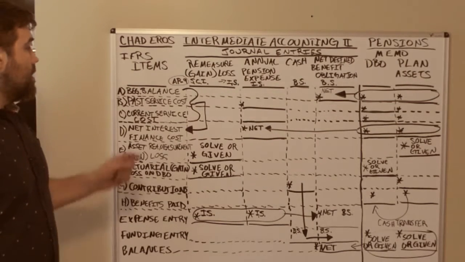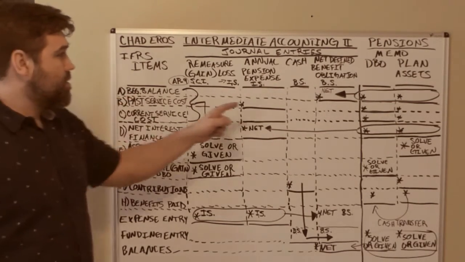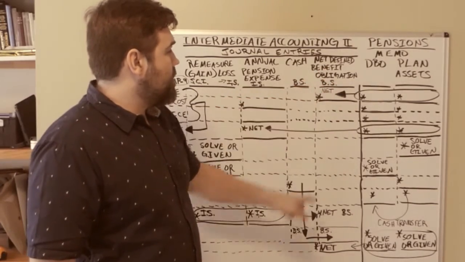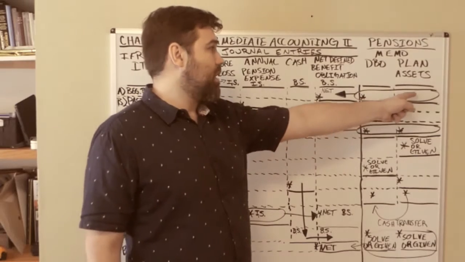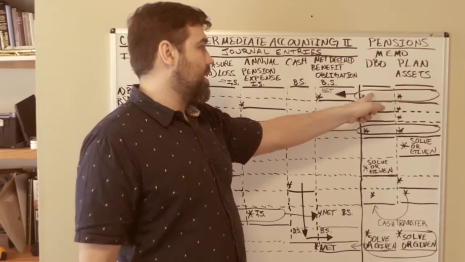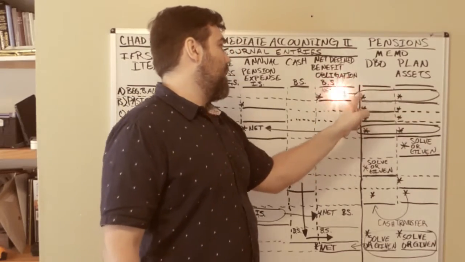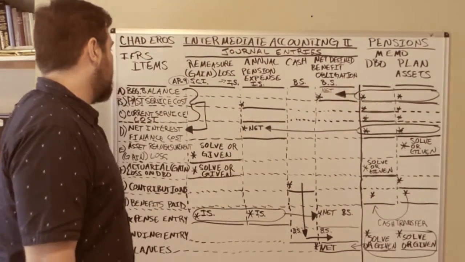Okay, so here we have our beginning balance, starts here, and our net defined benefit obligation is the net of our plan assets and our obligation. Okay, so I circled these 2 items and put an arrow over to net.